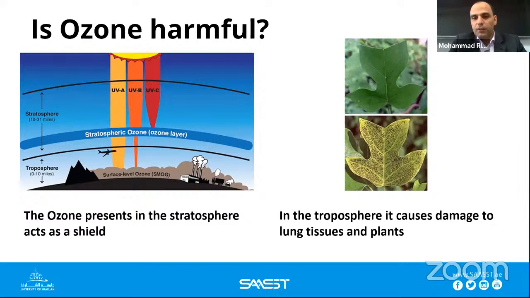So if you put a leaf of a plant like this, exposed to the tropospheric ozone, it will be like this. It kills the tissue in this plant.